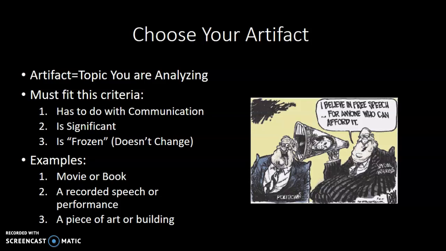What is important is that you see this cartoon is not going to change, right? So like I could set it aside and come back to it much later and it's going to be the same. I could view it differently, I can use different theories to analyze it, but the actual cartoon itself is not going to change. So that is an example of a frozen piece of communication or something that doesn't change.